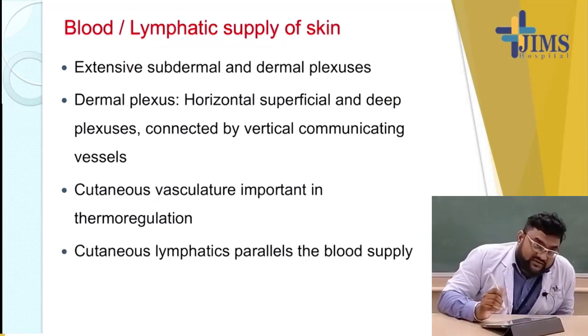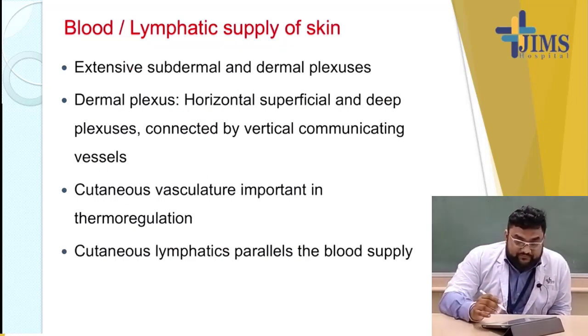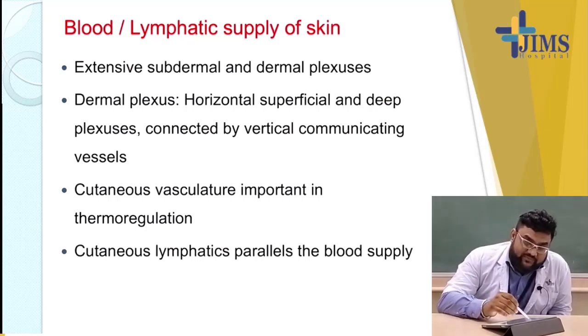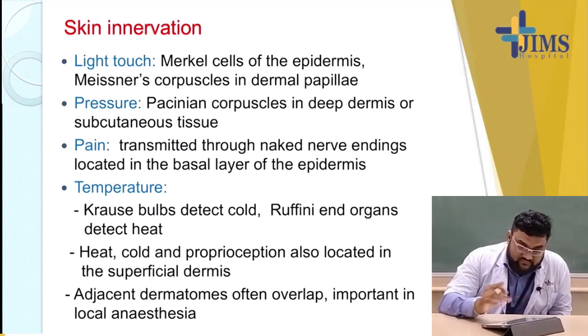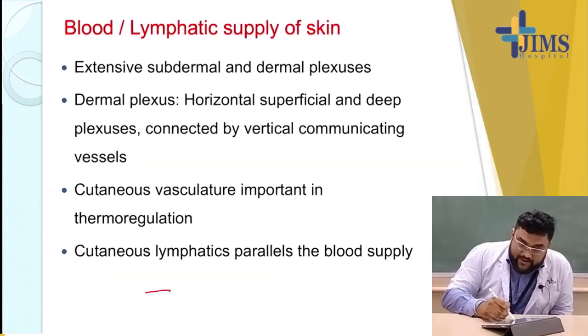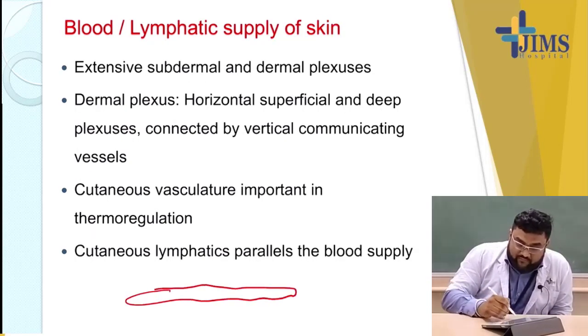Now coming to the blood supply and the lymphatic supply of the skin, they have extensive subdermal and dermal plexuses. I will show you in a picture. Actually we have a horizontal bed of arteries and venules in the dermis.